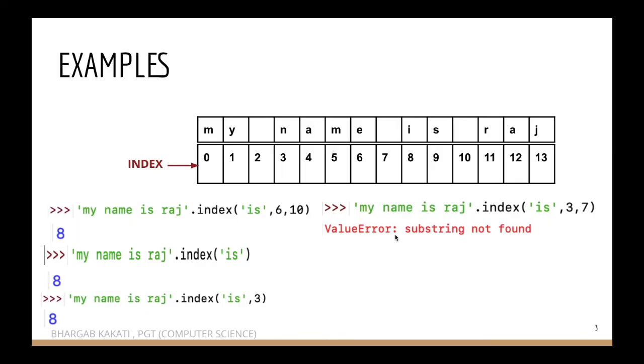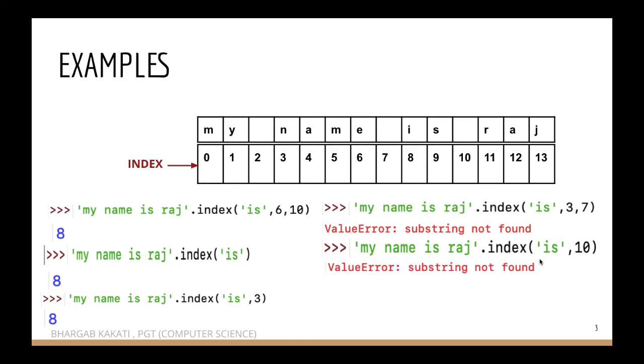If you remember in the previous slide, we already discussed that if that particular substring is not present, then I'll get an exception called value error, which mentions that substring is not found. Similarly, if I give my name is Raj dot index comma 10, then after the index 10, it will start searching towards the right whether the substring is present or not.